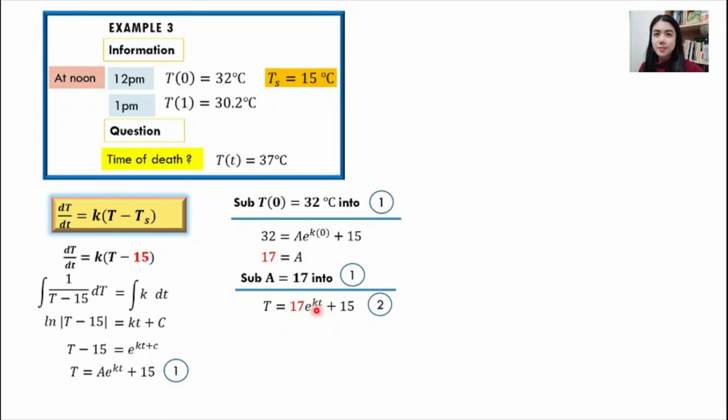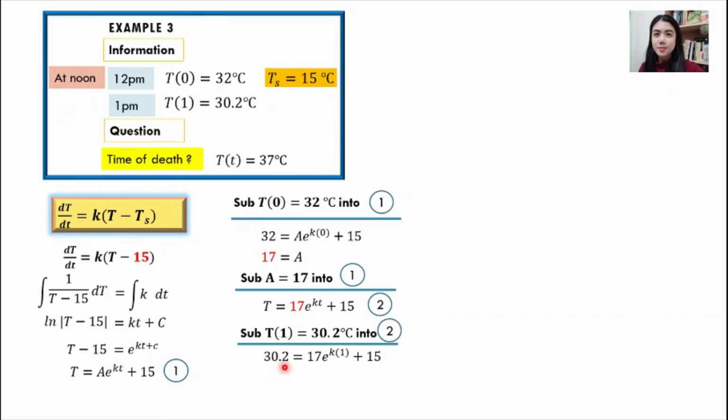The next task is to figure out the value of the parameter k. Let's use this information: T1 equals 30.2. Substitute into equation number 2. Your temperature is 30.2 and your time is 1.